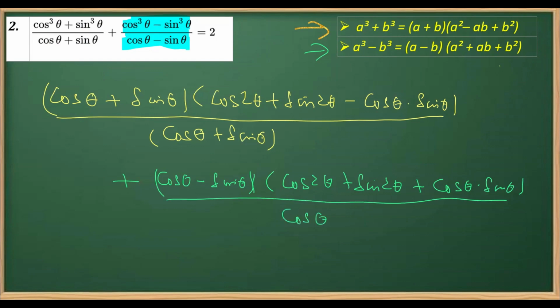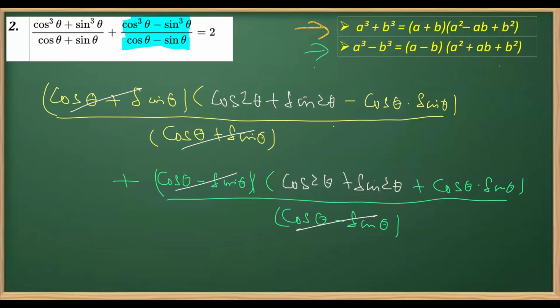Now what you can figure out here is that cos theta plus sin theta get cancelled, and in the second part cos minus sin also gets cancelled. Further, you can notice that this is cos square plus sin square, which is 1. And same here, cos square plus sin square is 1.